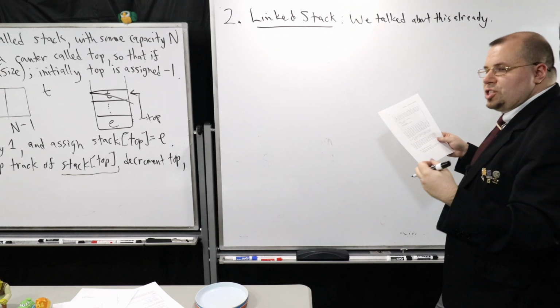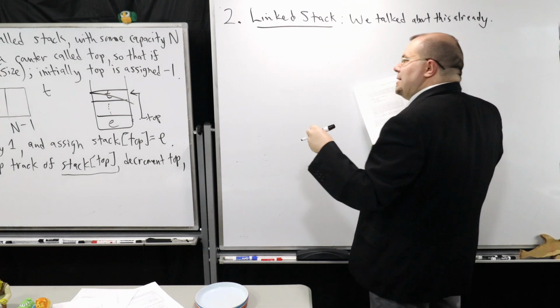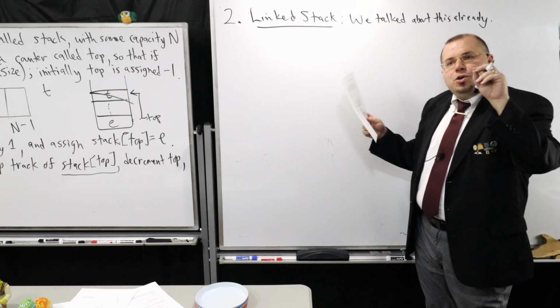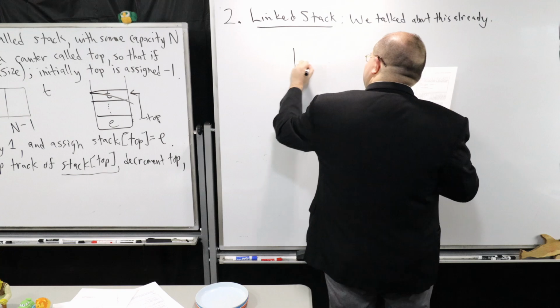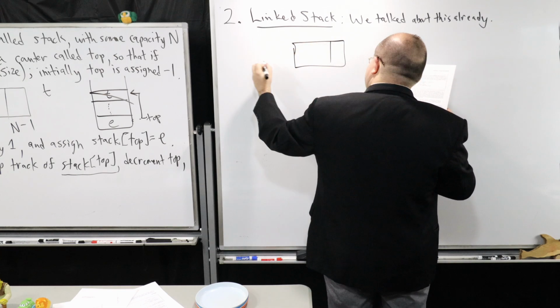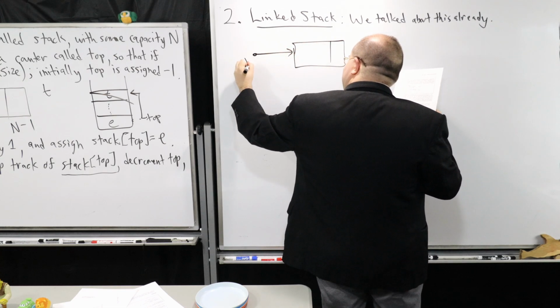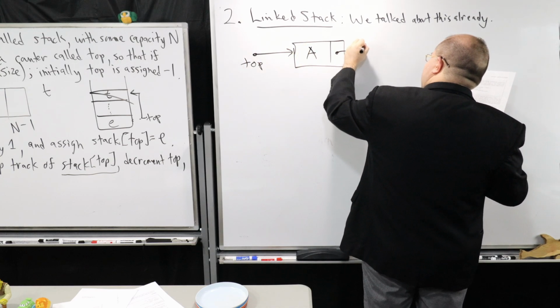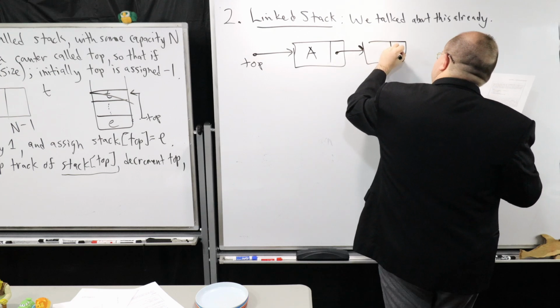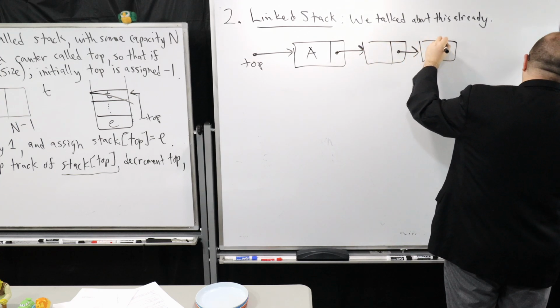But the idea is that you're just going to be maintaining a pointer that is going to be pointing at the node that contains the top element. So you might recognize this picture from a little while back. So you might call it top. And say I have elements here. Each one of my elements is stored in the node as the data attribute of the node in the linked list.